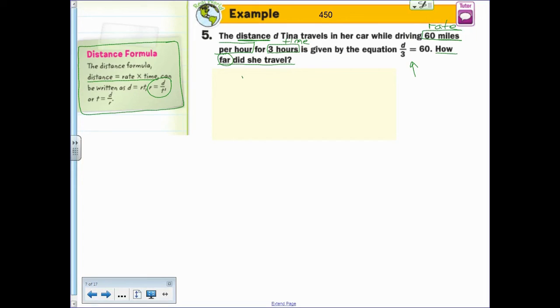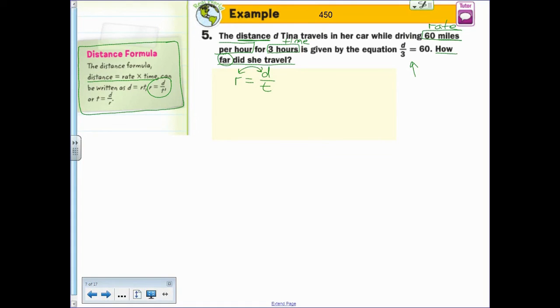So be aware that in this problem, we're using a formula that says rate equals distance divided by time, except they've got these two sides reversed.